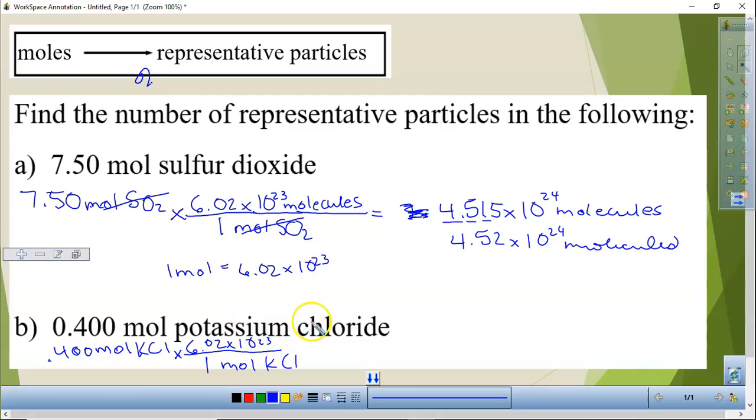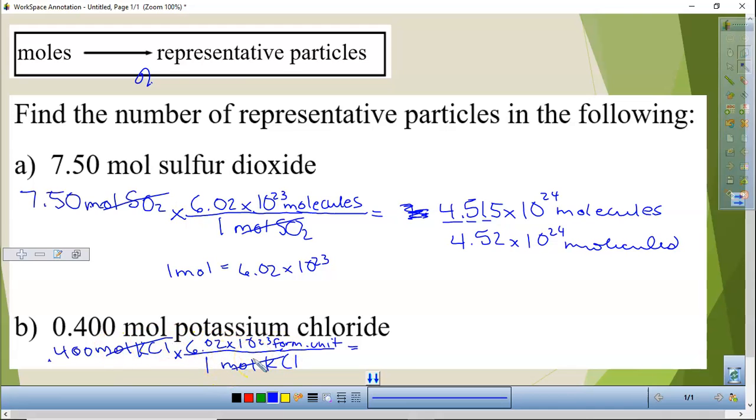And what do we call KCl? What's its name? Is it an atom, molecule, or formula unit? Well, it's an ionic compound, so this is a formula unit. Okay, so equals. Okay, I cancel out my units because they're diagonal from one another. So I multiply 0.400 times Avogadro's number divided by 1.